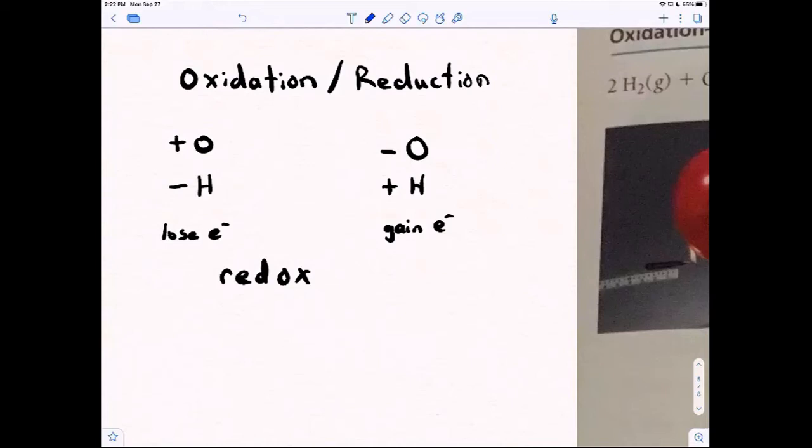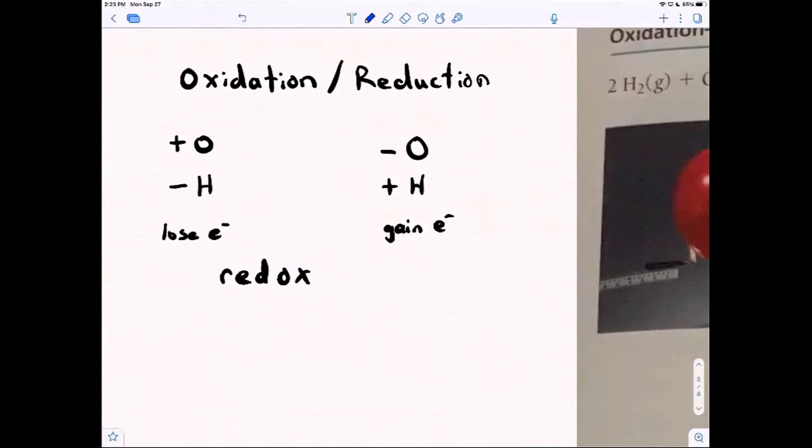And then the most general way of defining oxidation is the loss of electrons. Reduction is the opposite of oxidation. So oxidation is gain of oxygen, reduction is the loss of oxygen. Oxidation is the loss of hydrogen, reduction is the gain of hydrogen, and also reduction is the gain of electrons.